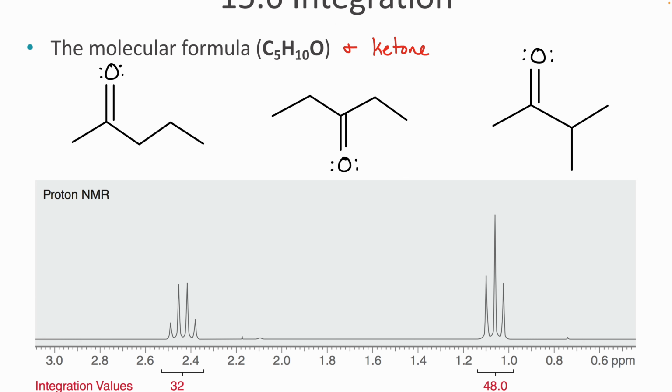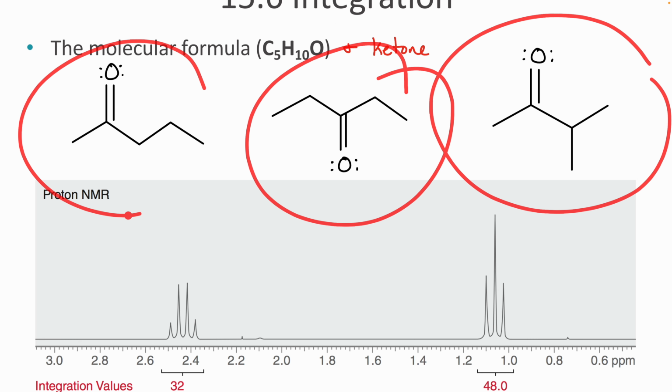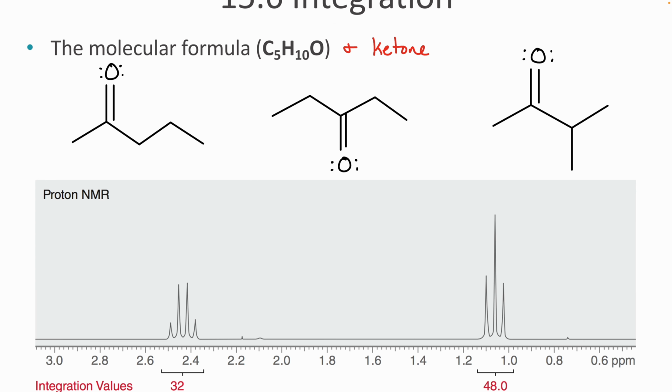All right, so we've got 3 examples here of ketones with 5 carbons, and you're going to figure out which one is consistent with this NMR spectrum below.